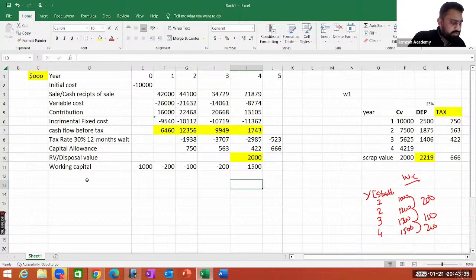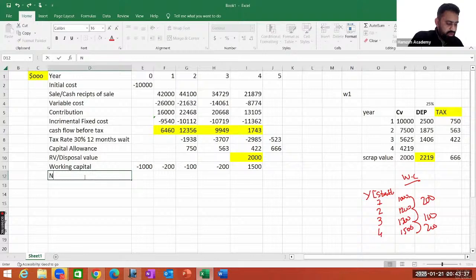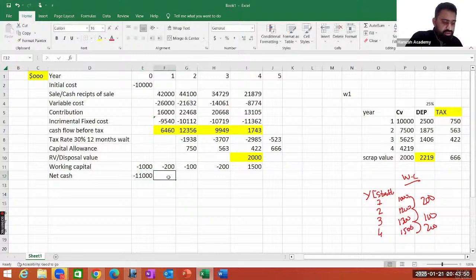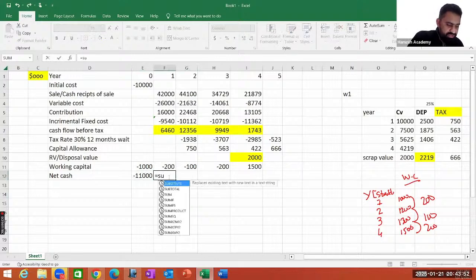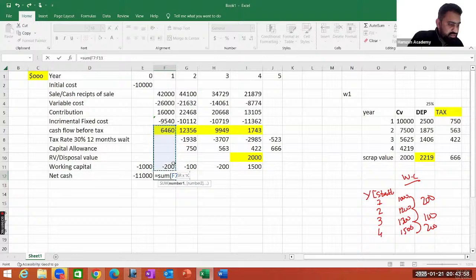Now, after doing all this calculation, we finally have the net cash. Net cash in year 0 is 11,000. And in year 1, it is the sum of cash flow before tax and the working capital.